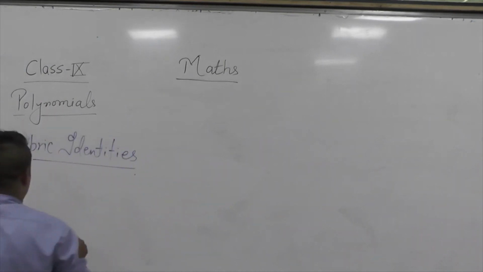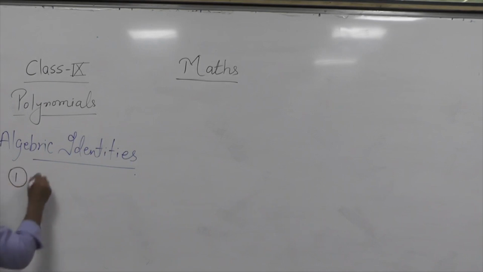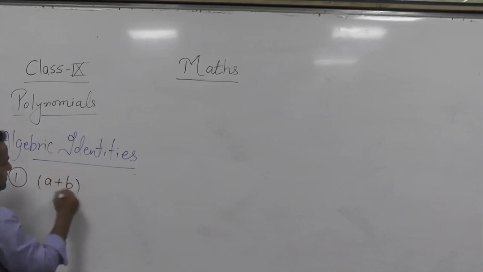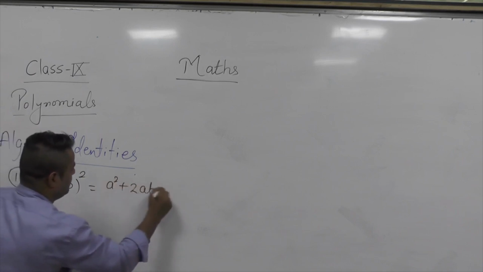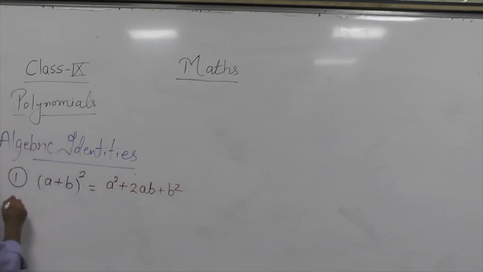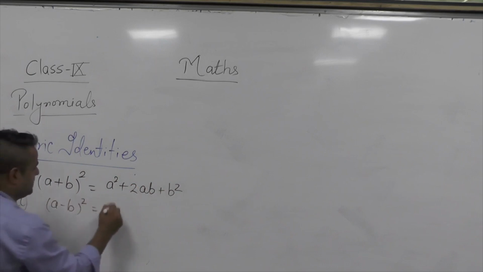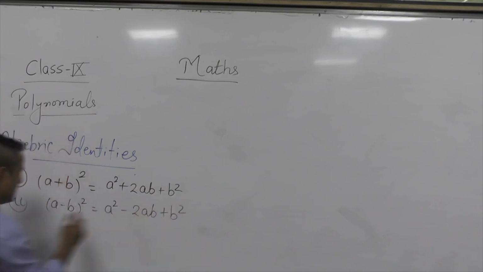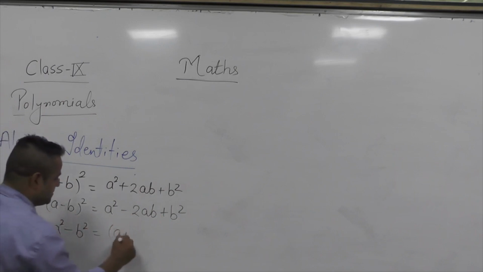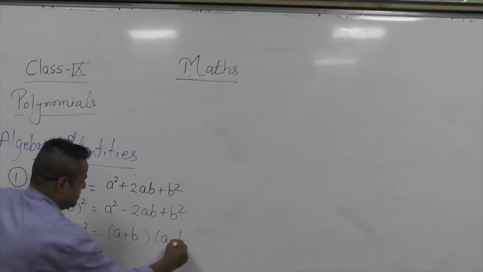Our first 3 identities that you have learned in your previous class are: a plus b whole square, that is a square plus 2ab plus b square. Second, a minus b whole square, that is a square minus 2ab plus b square. Third, a square minus b square, which is a plus b, a minus b.